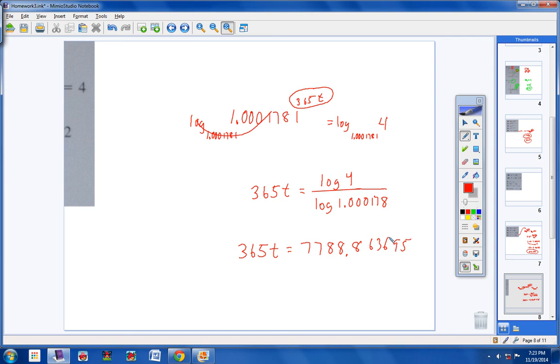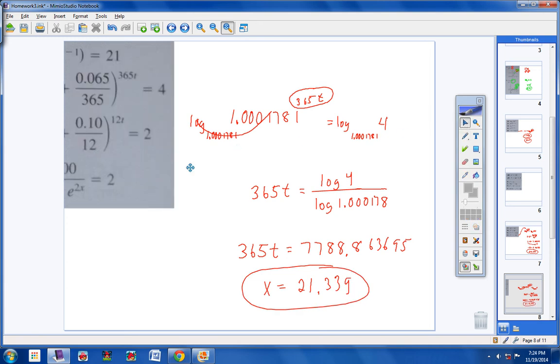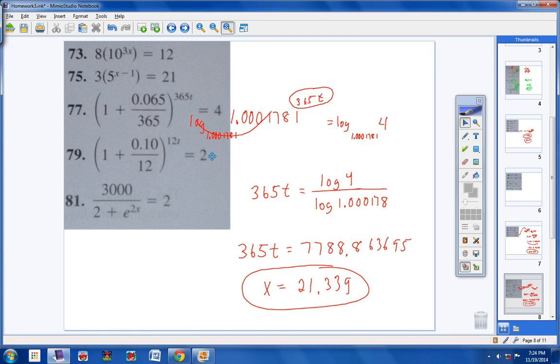Divided by 365, and you'll get this right here. Okay. Now let me check the back of the book real quick here. See if that's right. Yes, it is. That is correct. Okay, moving on to number 79.